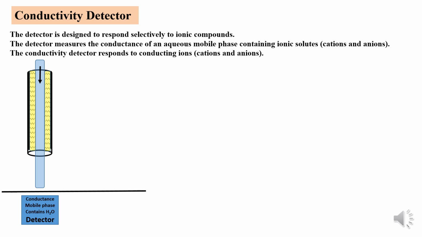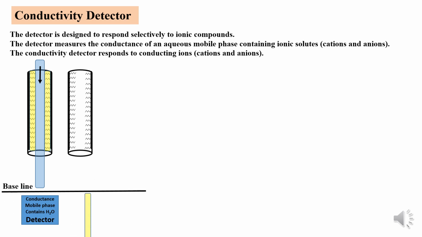And when only the aqueous mobile phase flows through the column under high pressure, a baseline is recorded and observed on the monitor of the system. Now when the sample mixture is injected into the column, the conducting ions, that is cations and anions, travel through the column at relative speeds.